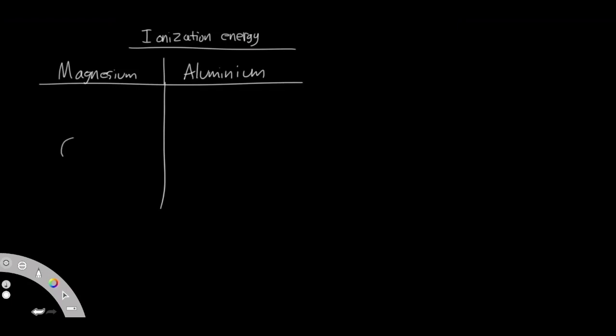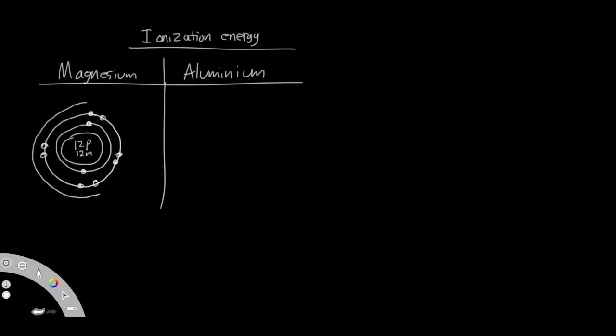All right, magnesium, 12 protons, 12 neutrons, and it's going to have shells here. So we got 1, 2, 3, 4, 5, 6, 7, 8, 9, 10, 11, 12. So this is magnesium, 12 electrons. Do the same thing for aluminum, 13 protons.